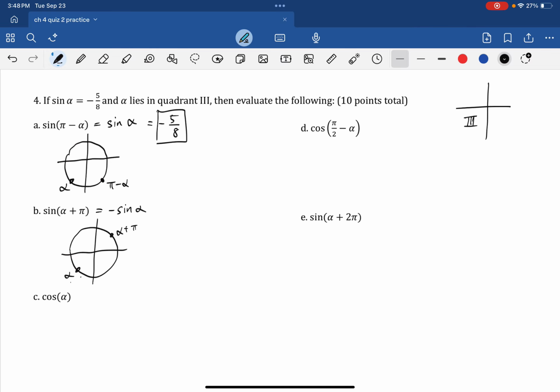You can imagine we're just going pi radians further. And so that flips the sign of the y-coordinate, doesn't it? And the y-coordinate is the sine of alpha. And so sine of alpha plus pi is equal to negative sine of alpha, which is 5/8.